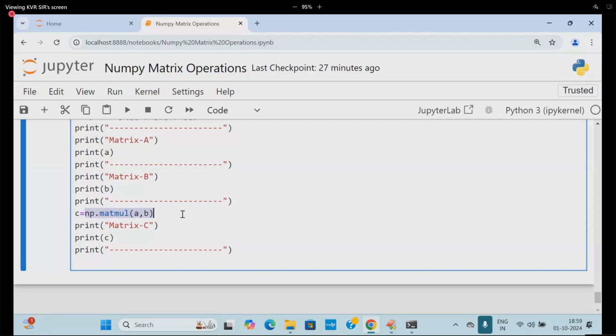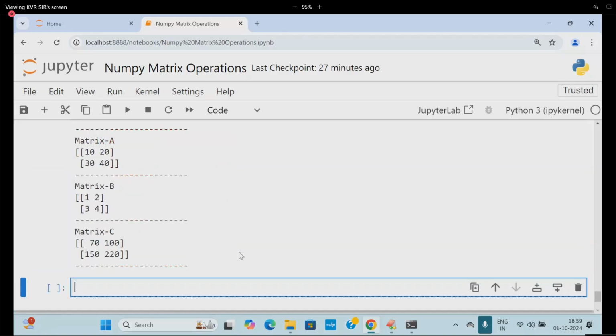I said in the last class, anyone you use, no problem. The same answer will come. Understood? The order of the first matrix and the order of the second matrix are compatible, so matrix multiplication is carried out perfectly.